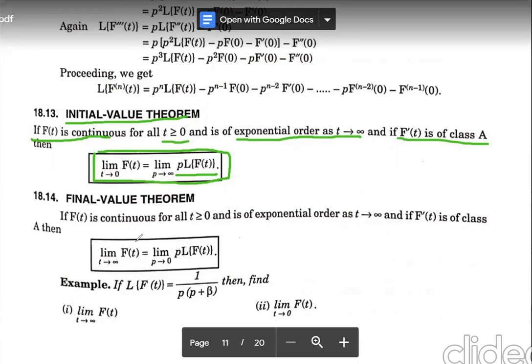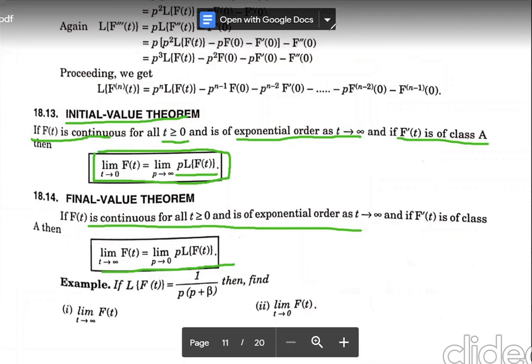But in the final mean value theorem, it will be opposite. So limit t tends to infinity f of t is equal to limit p tends to 0 p into Laplace transform of f of t. So this is your final mean value theorem. Our other conditions are the same. Here also it is continuous and of exponential order of t.